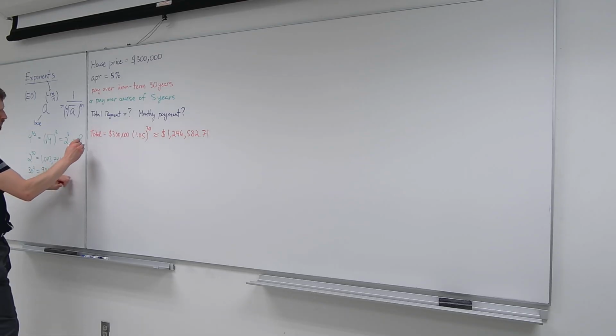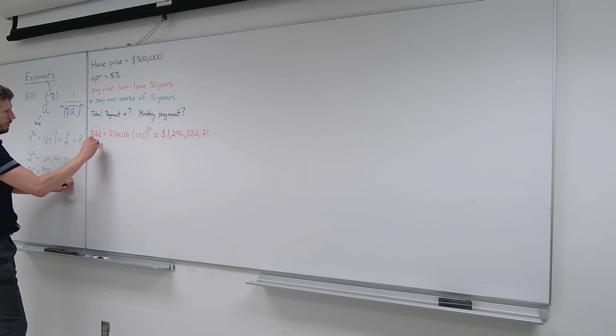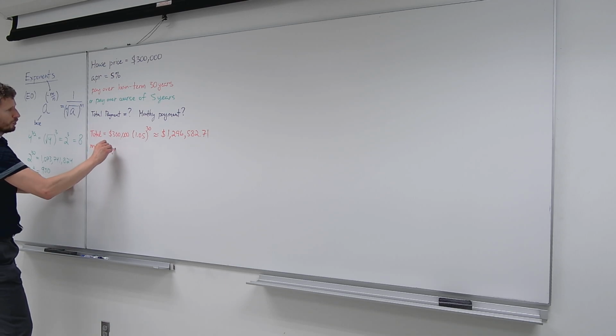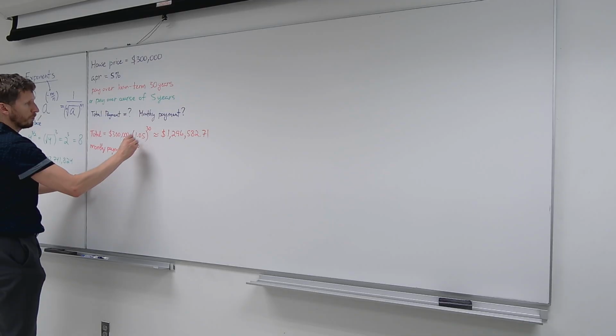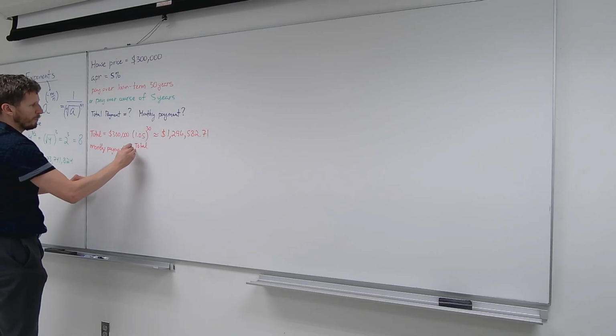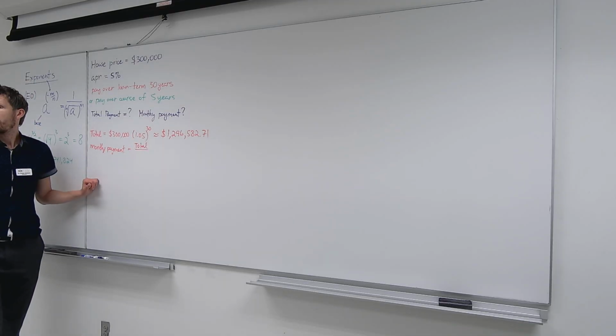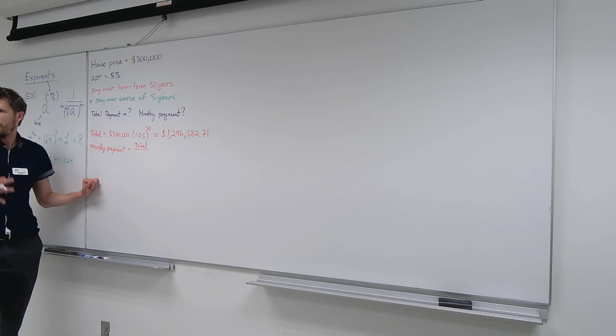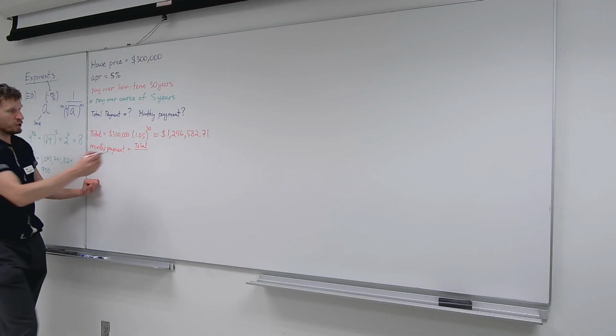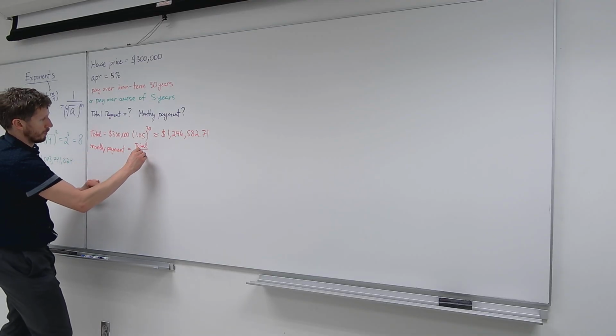What's the monthly payment? So what do you do? You take that number, the total cost, the same one, and you divide by how many months are there in 30 years? Anybody know? 12 months a year, 30 years: 360, right? 360 months.